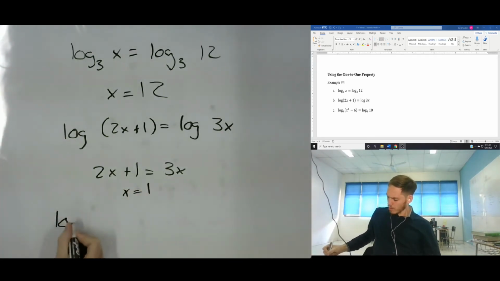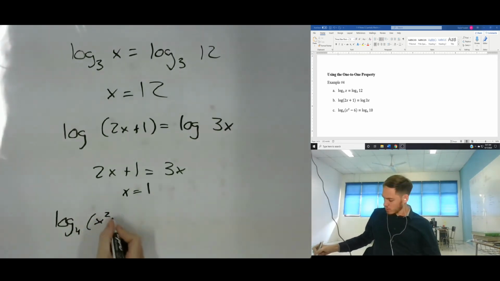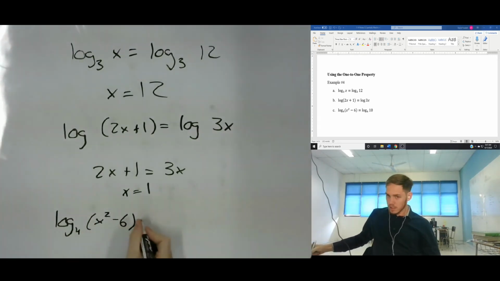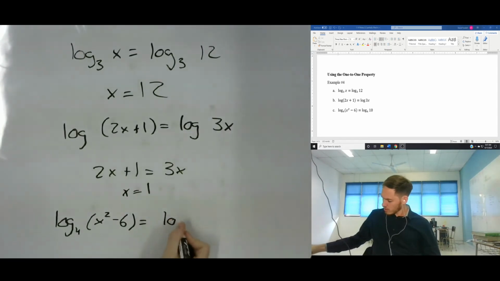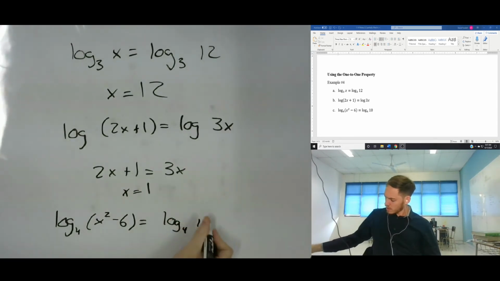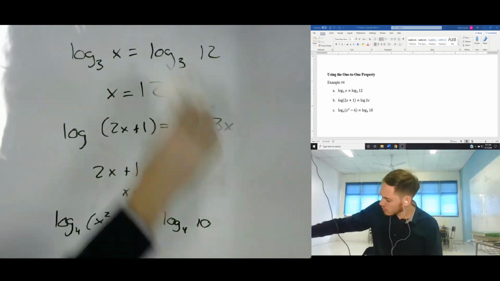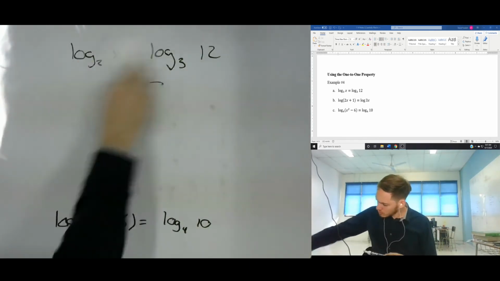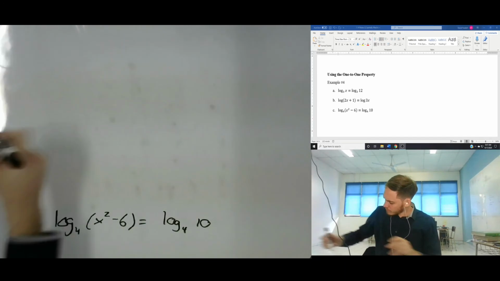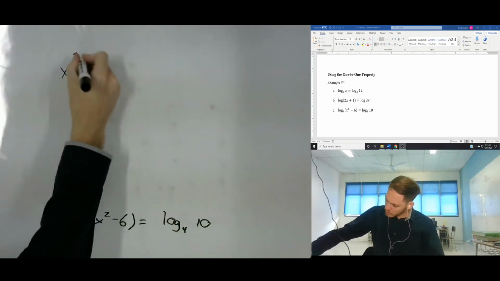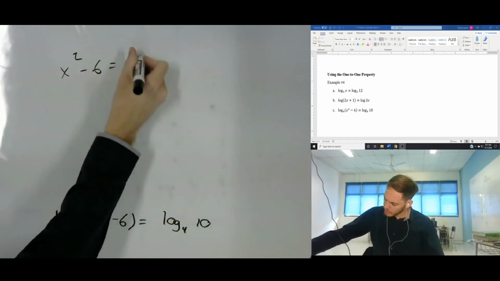And then finally, log base 4 of x squared minus 6 is going to equal log base 4 of 10. Solving this out, we get x squared minus 6 equals 10.